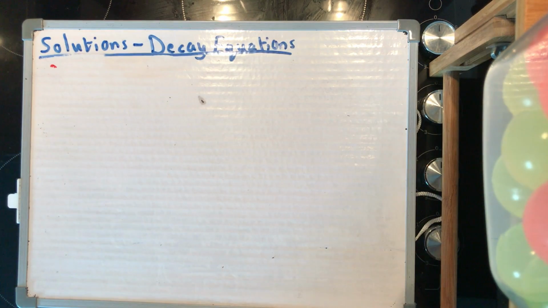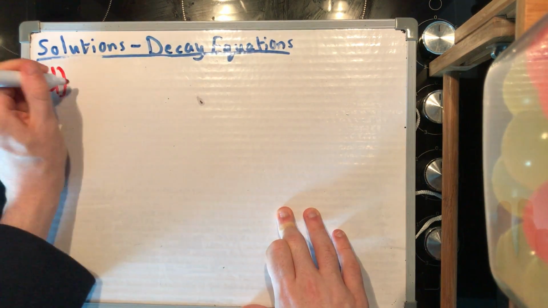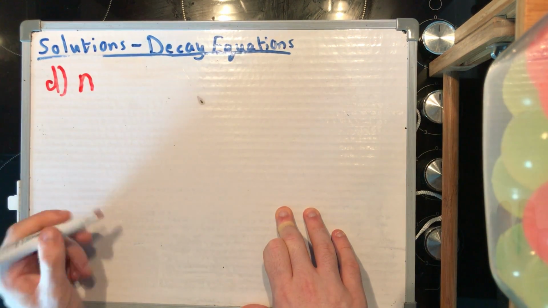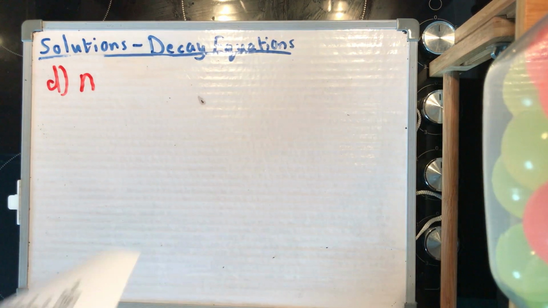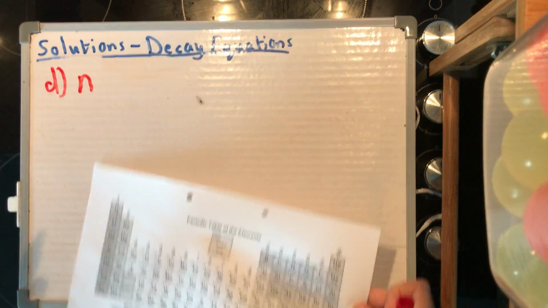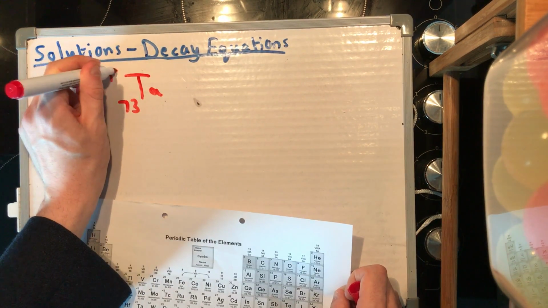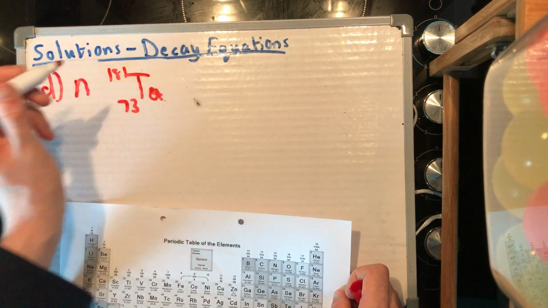And finally, part D, we were doing neutron emission from tantalum 181. So tantalum is atomic number 73, it's down here. Ta, atomic number 73, mass number 181. Nice and simple.